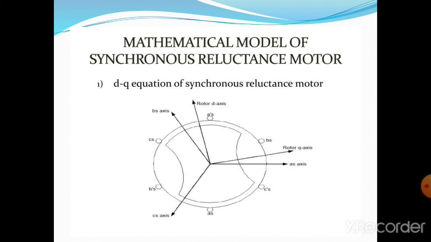And next one is mathematical model of synchronous reluctance motor. In this diagram, D is a direct axis and Q is a quadrature axis.